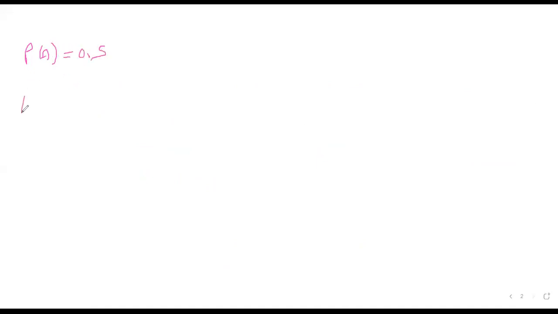Our B is 0.6. And probability A given B is 0.4.